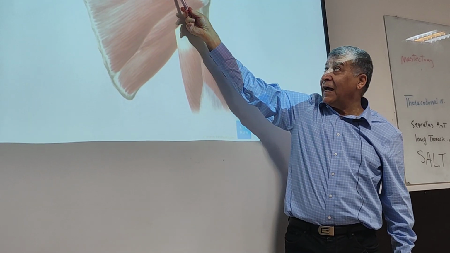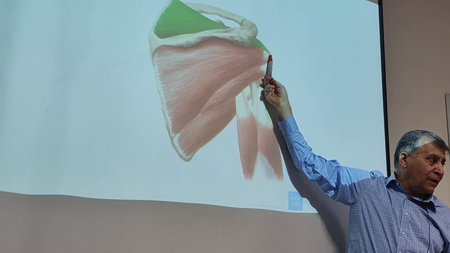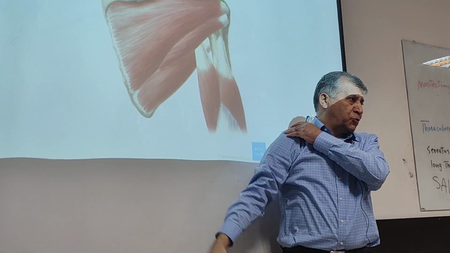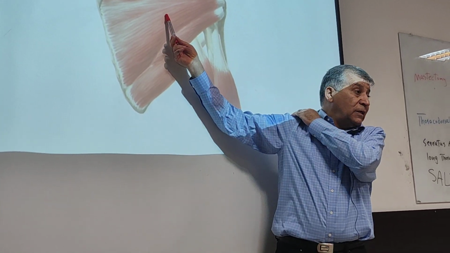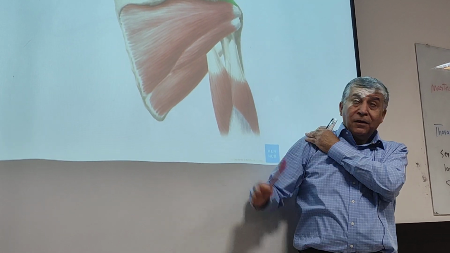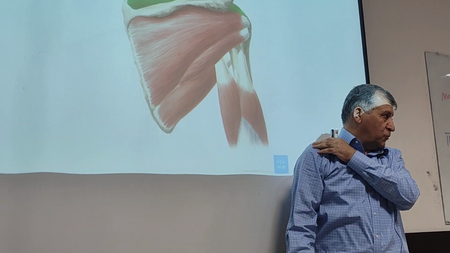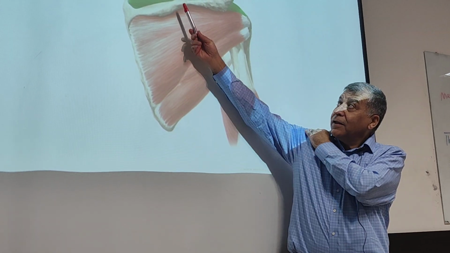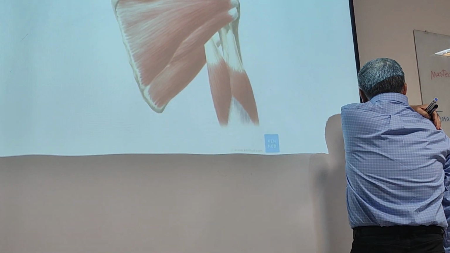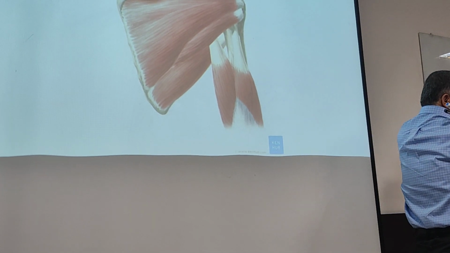Infraspinatus moves laterally and inserts to the greater tubercle. But this one is above the shoulder joint. This one is behind the shoulder joint. Okay? Supraspinatus above, infraspinatus behind the shoulder joint.